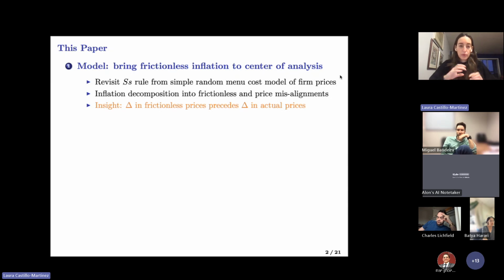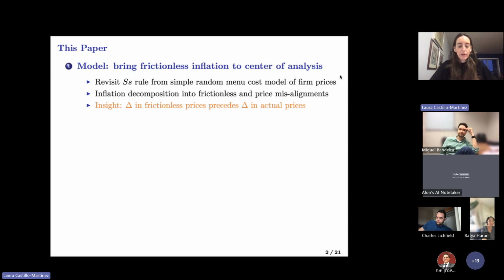Then we're going to be able to decompose the inflation measure in the model into two different components: a frictionless component that captures the fundamentals or the shocks to actual prices, and a part that captures price misalignments, or the stickiness and frictions in the model.